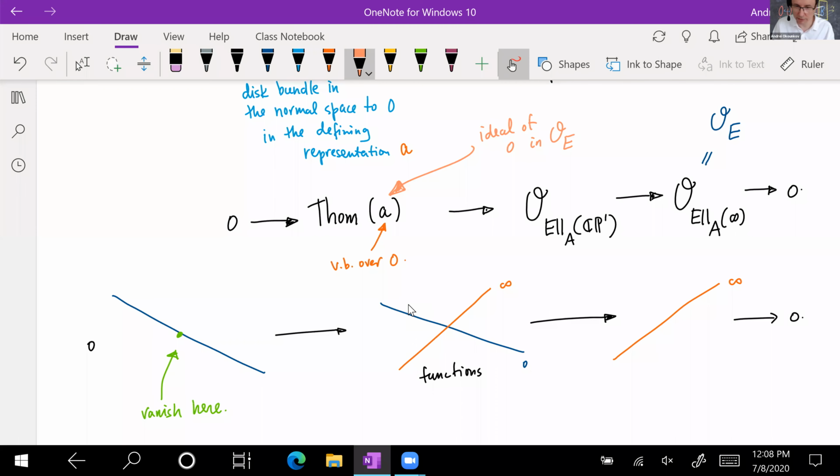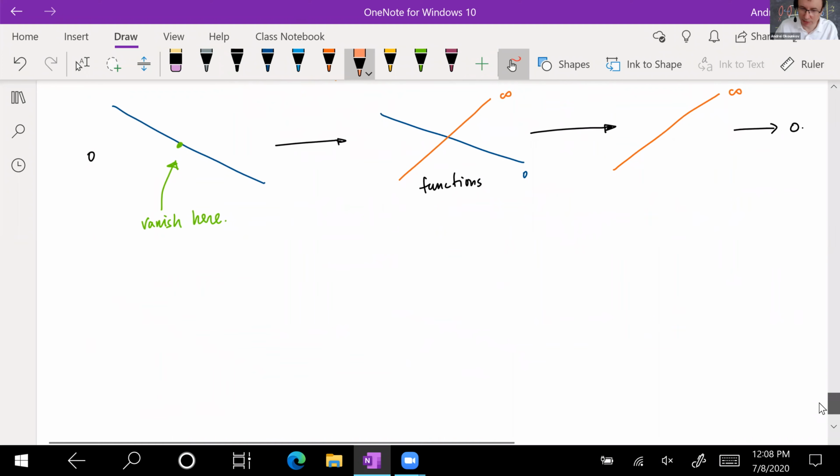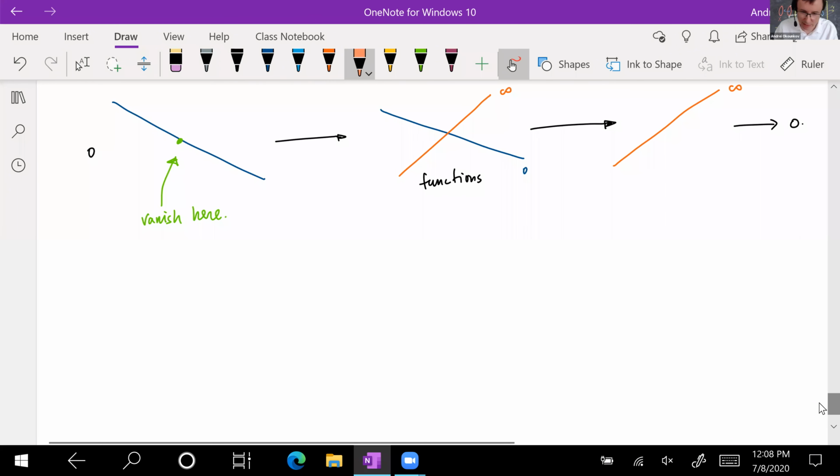So if I think about functions on a union, I can think of this as functions on one side, and then to glue, the kernel of this map are the functions on the other side which vanish at the point.